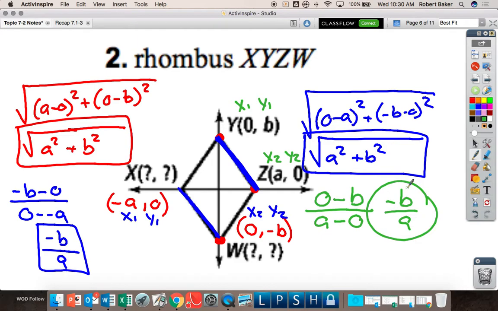Turned into a positive. Are these two slopes the same? They are parallel. So it is a parallelogram. Cool, right? You can do math with no numbers.